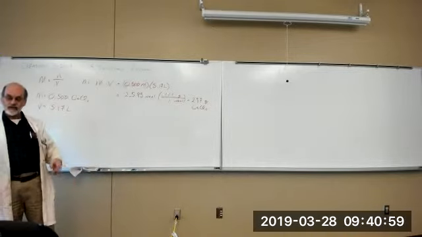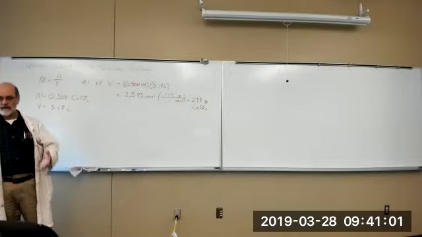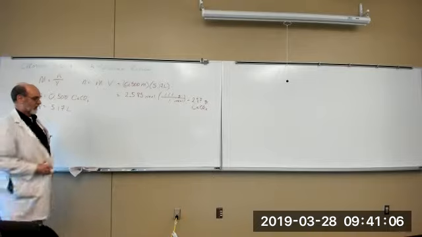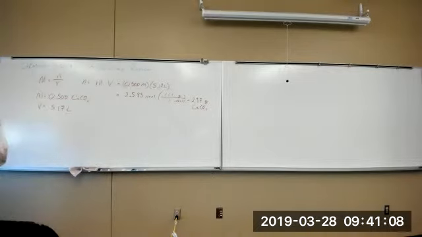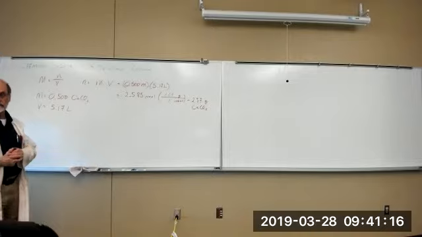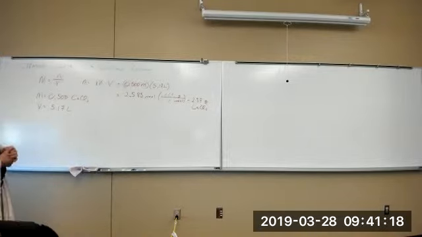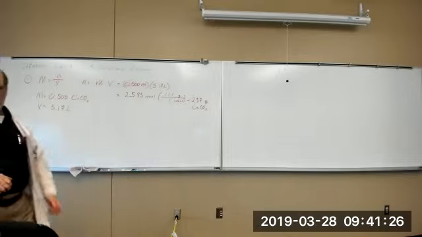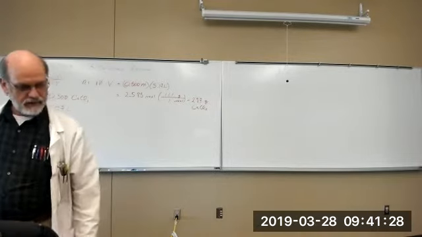In that case, you would use M1V1 equals M2V2 to do the dilution. So then you would probably have the volumetric glassware available to do those dilutions without too much trouble. Oh, so that was number 1. Okay.